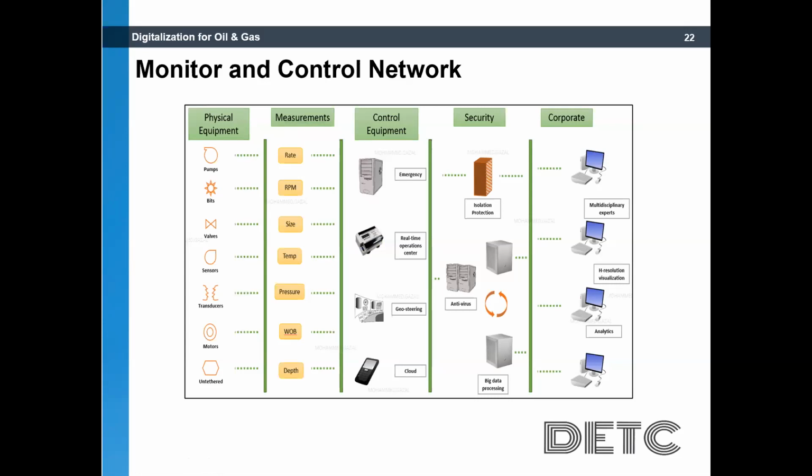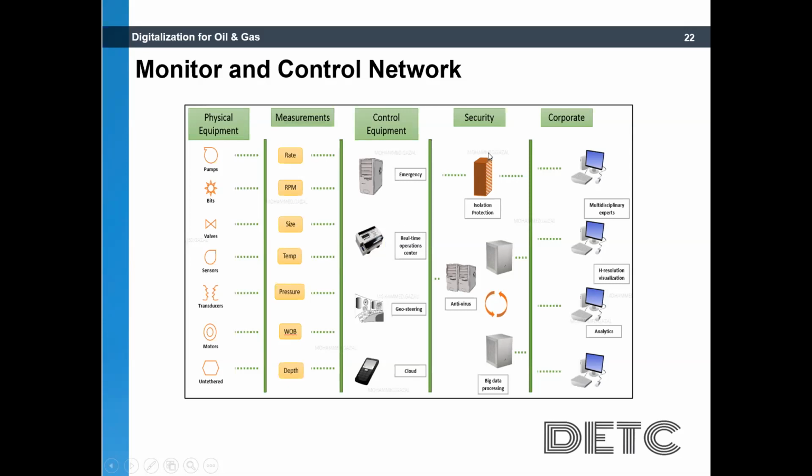This is another representation of the monitor and control network, where we see the physical equipment, such as here the bits for drilling. And then the measurements that the sensors achieve, such as the revolutions per minute of the bits, and then it goes to the control equipment where we have, for instance, the geosteering and real-time operational center that are connected to cloud-based servers where we can achieve better control and monitoring of the operation.